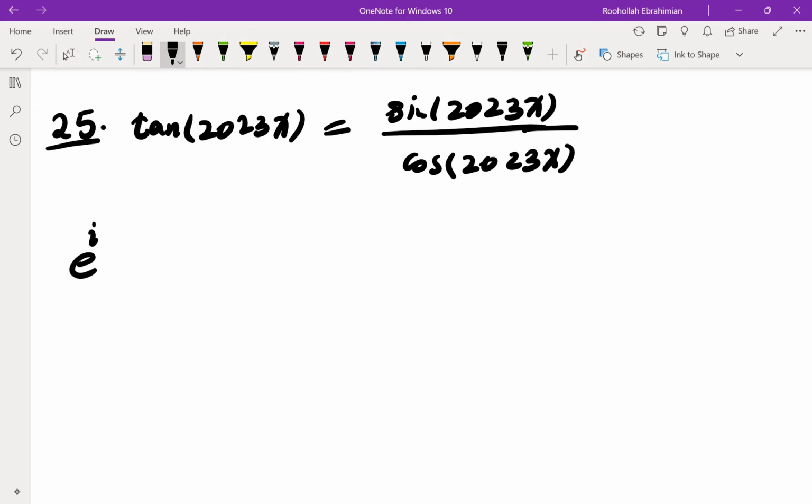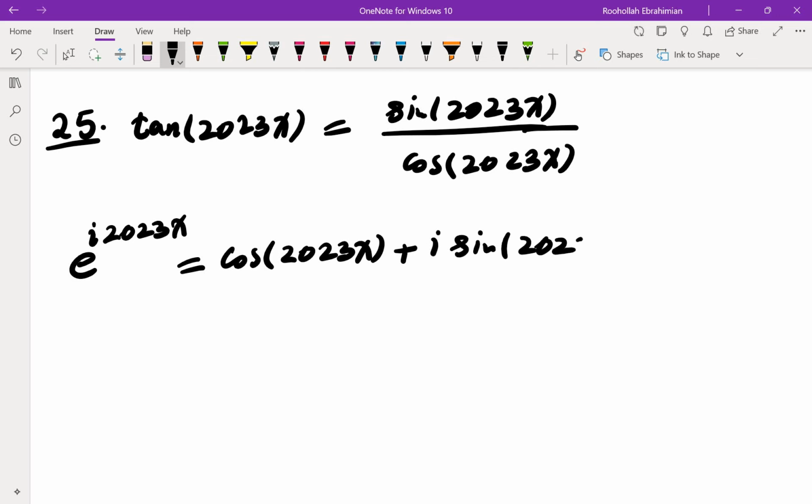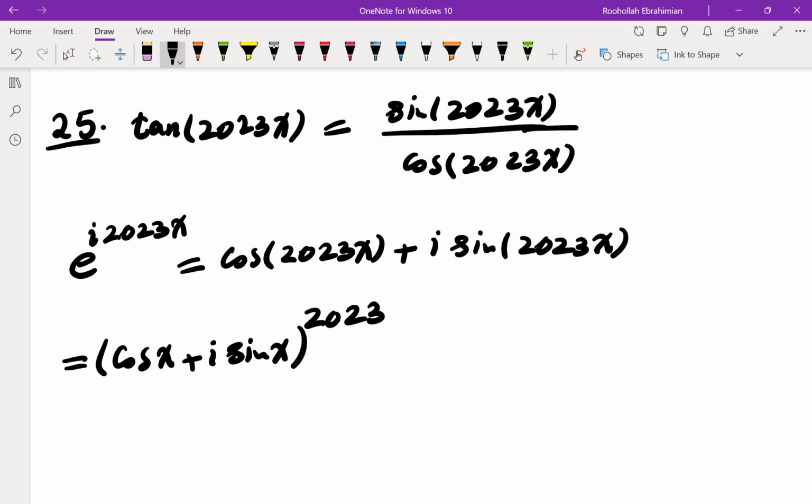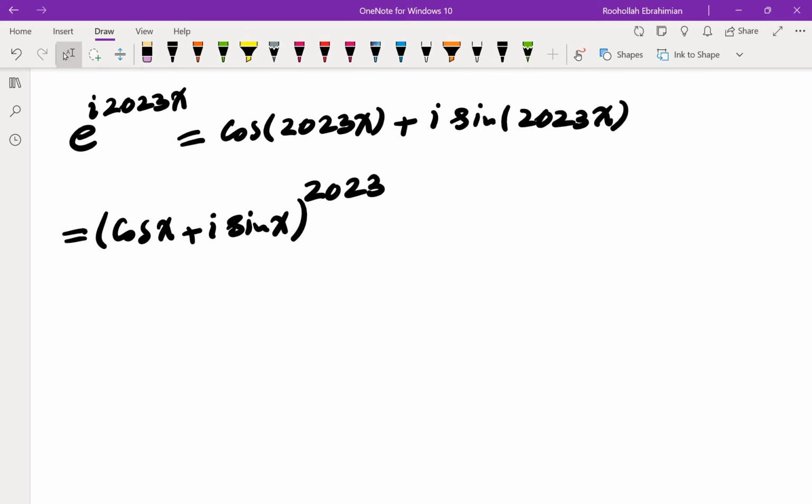If you look at e to the power of i 2023x, that is cosine of 2023x plus i sine of 2023x. And we can write this as cosine of x plus i sine of x raised to the power of 2023. The real part gives us the cosine and the imaginary part gives us the sine.